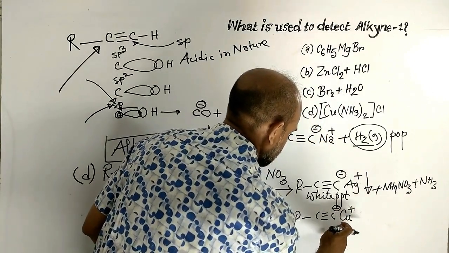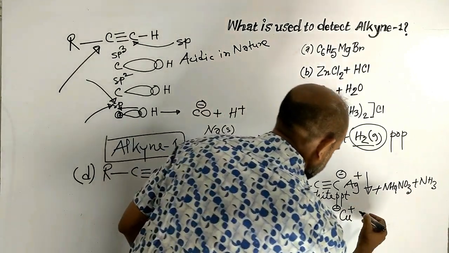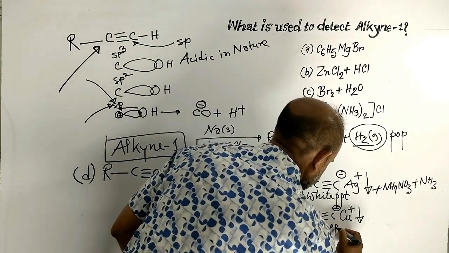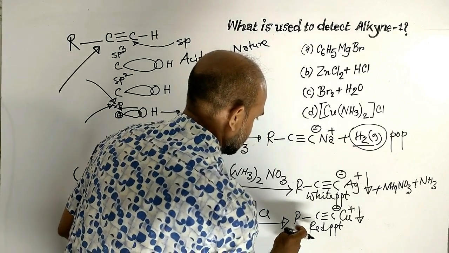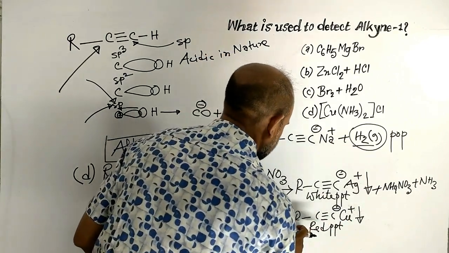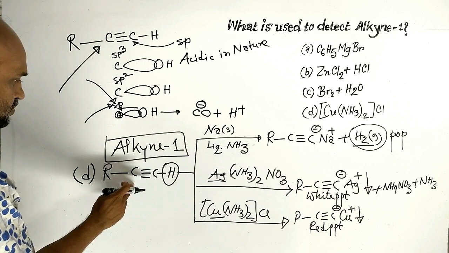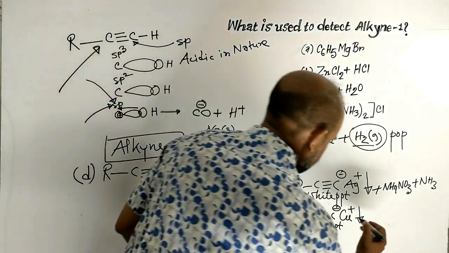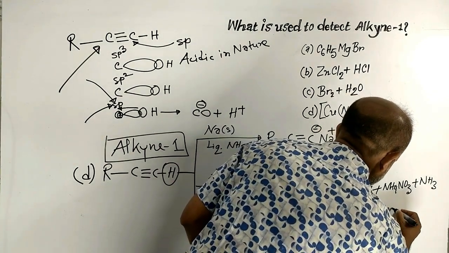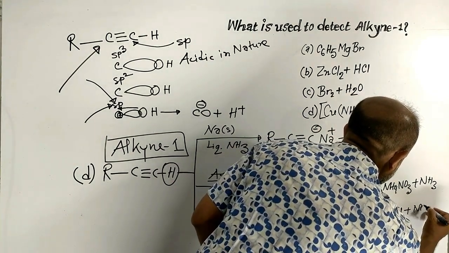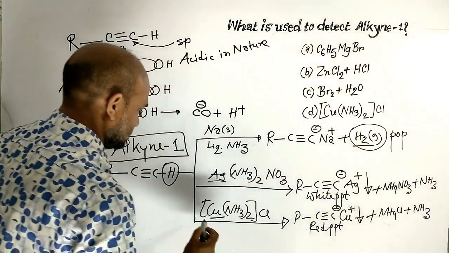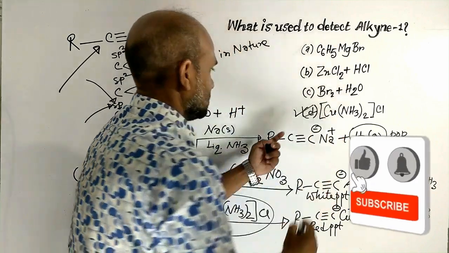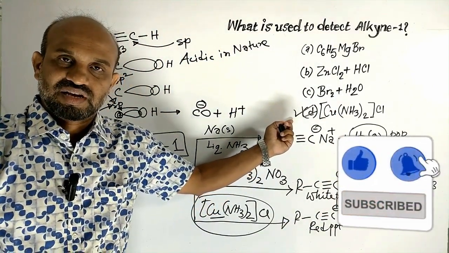This is copper alkynide, which deposits as red precipitate. This red precipitate of copper alkynide proves the presence of Alkyne-1, that is acidic in nature. Here byproducts are ammonium chloride and ammonia gas. That is, this one is used to detect Alkyne-1, which is acidic in nature.